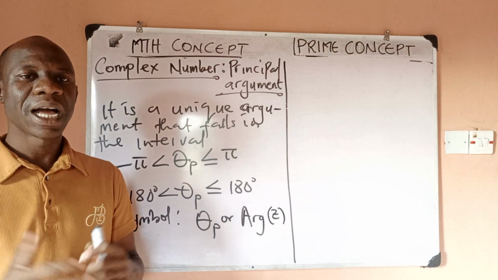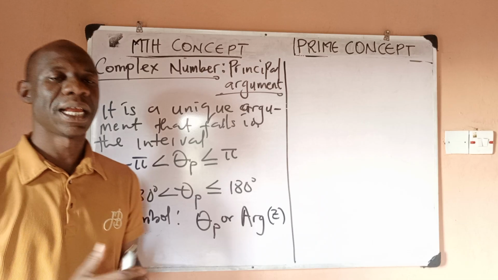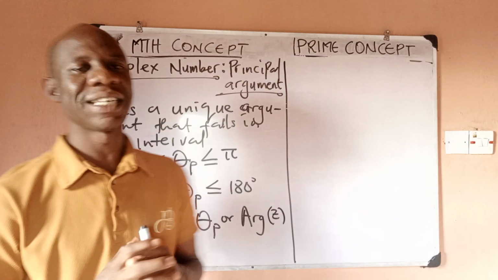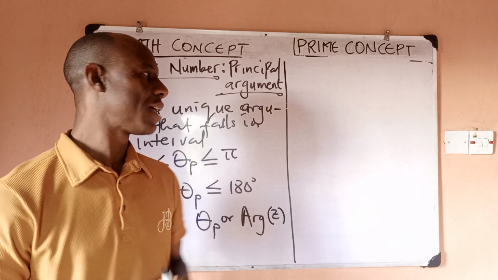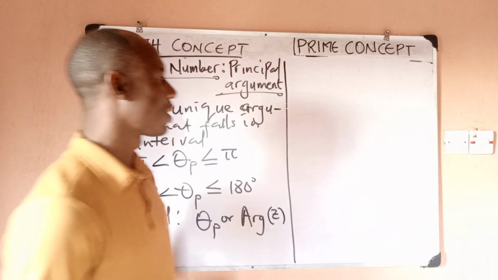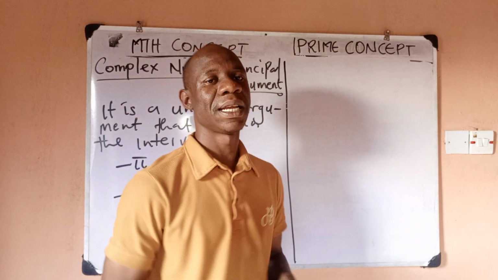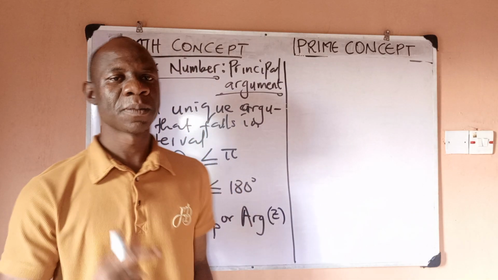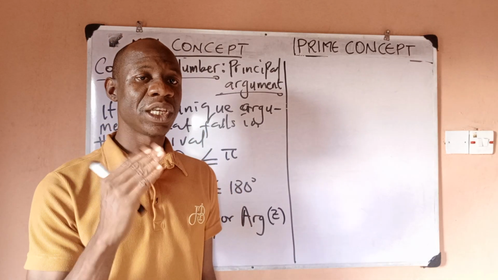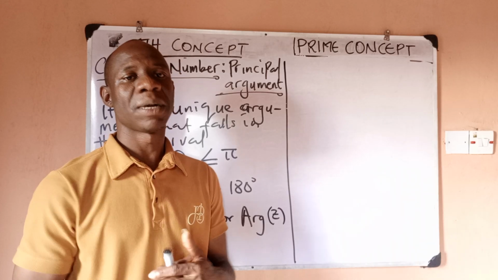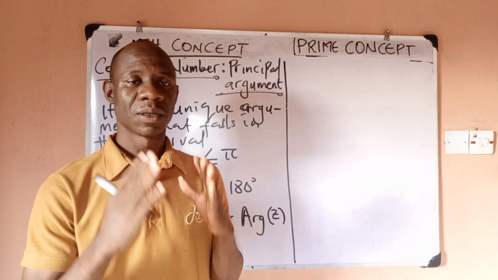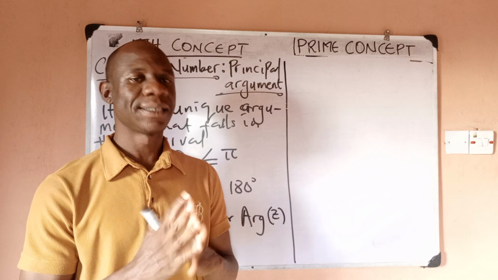Now, how do we find principal argument? I'm going to summarize this in a diagram that would make it very clear to everybody. And let's see how we can find principal argument. First of all, I want you to understand that in complex number, we can represent complex numbers with a diagram, which is known as Argand diagram.